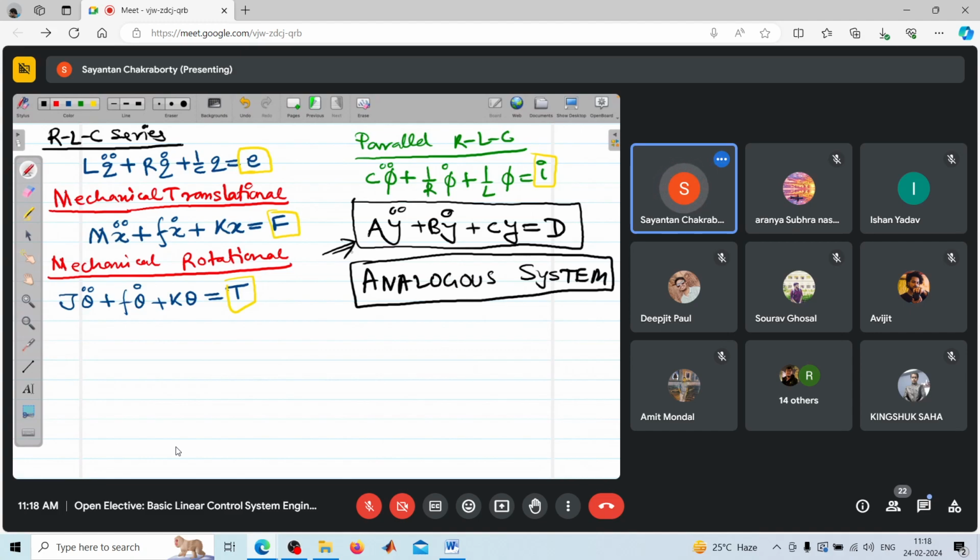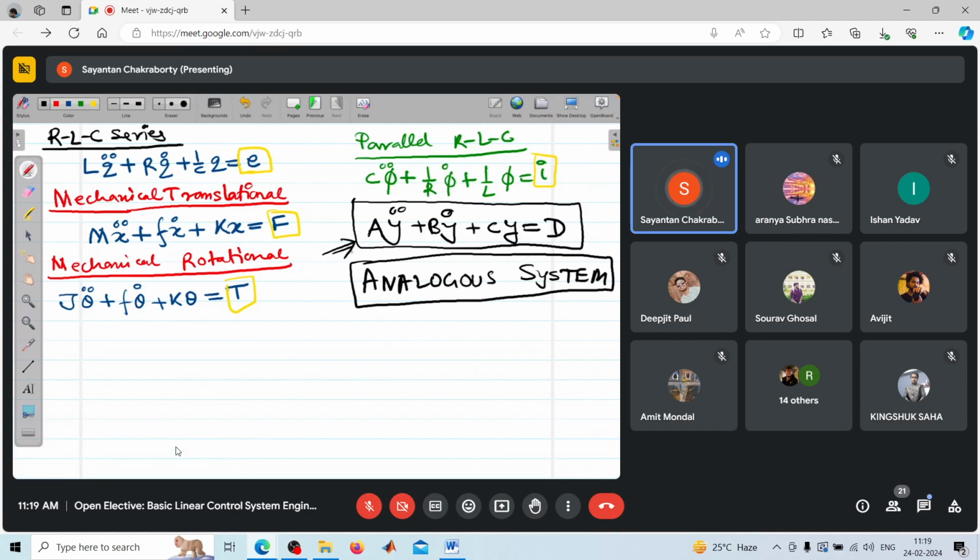Fine, you can get any mass, but achieving a very accurate value of spring constant or viscous friction coefficient in practice is really difficult. You cannot be that accurate. On the other hand, we can precisely achieve a resistance value, a capacitor value, or an inductor value because the components are easily available.